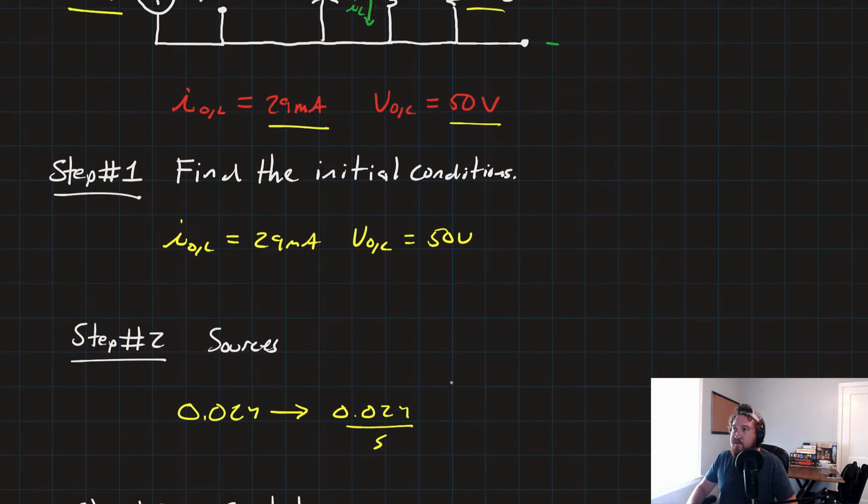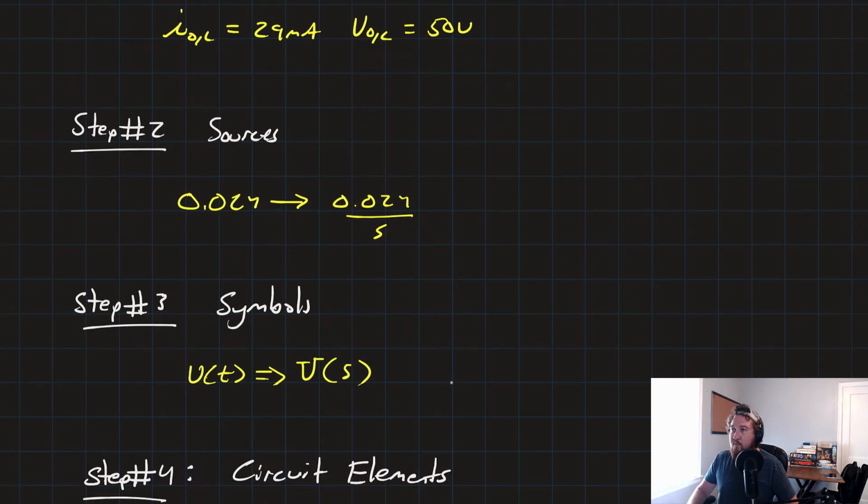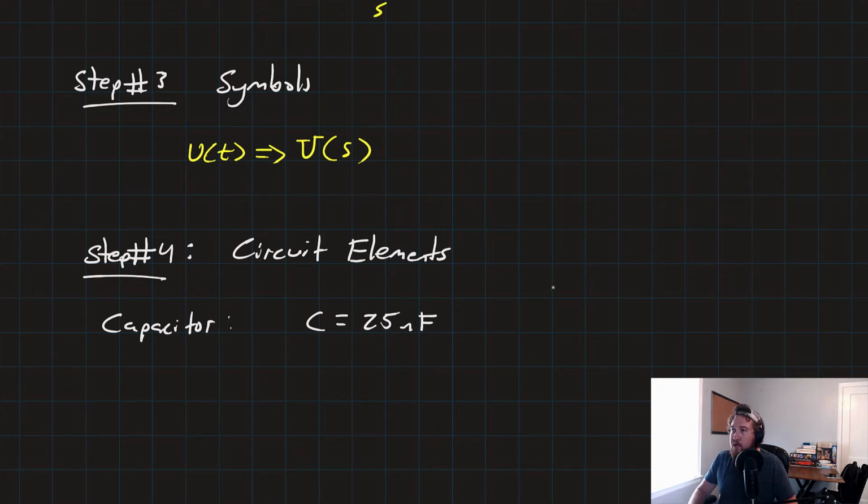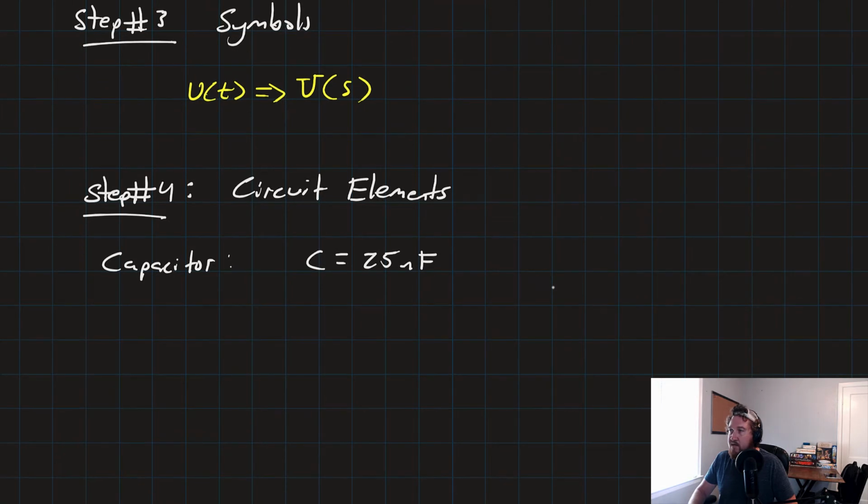All right, now the resistors will stay resistors, but we want to look at the capacitor and the inductor. So let's go ahead and take a peek at the capacitor first. Remember that our C is equal to 25 nanofarads, and we want to change it to its equivalent representation in the S-domain.